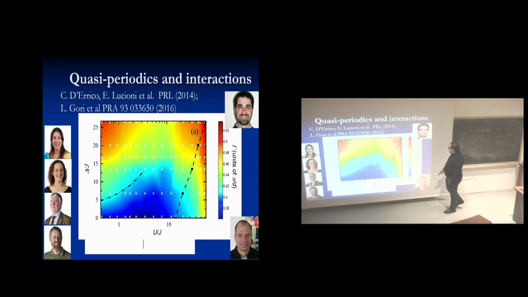What is measured here is the width of the peak in n(k). So this is something which is supposed in the superfluid to diverge as a power law. So this is supposed to go as k to the power minus nu, because it's the Fourier transform of the single particle correlation, psi dagger psi.